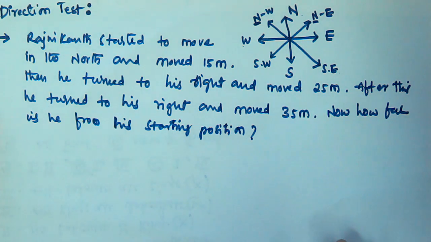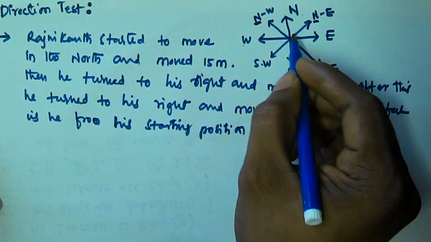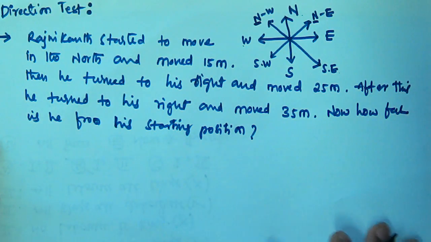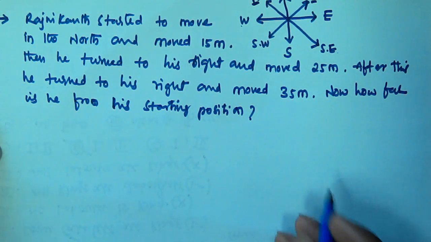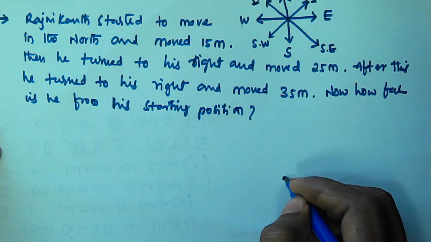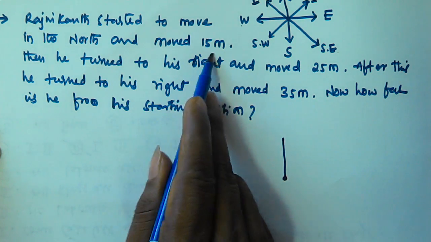So we have to find how far he is from the starting position. Rajnikant started moving in the north direction, and north is towards the up direction. So let us assume he started here and moved north 15 meters.